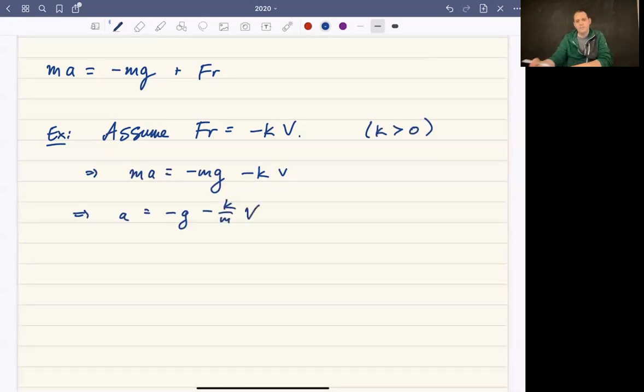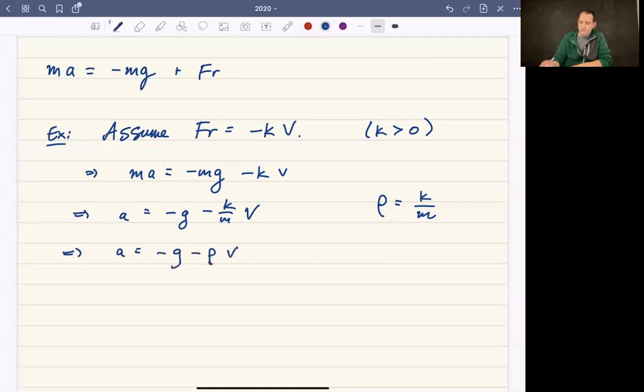This k over m constant is going to be all throughout what we talk about, so I'm just going to call that rho, so we don't have to write k over m all the time. Notice that k is a constant and m is a constant, so rho is a constant. So a is minus g minus rho v.